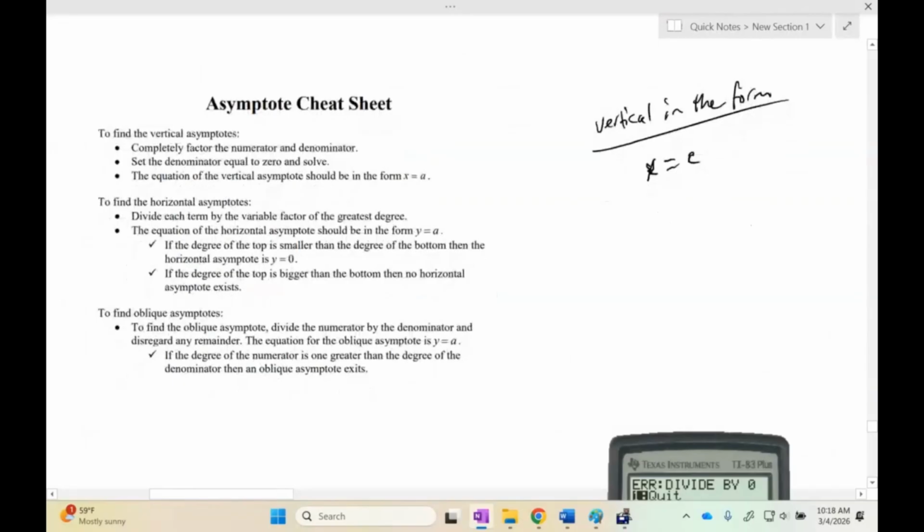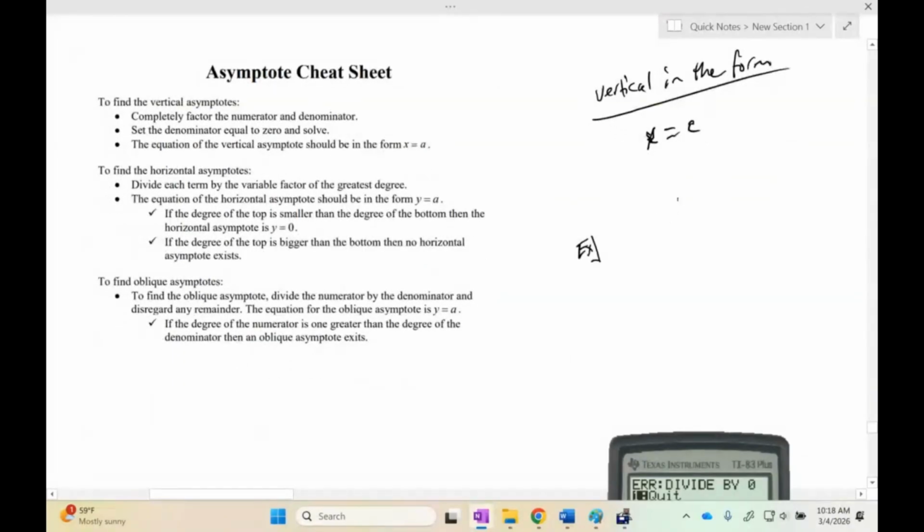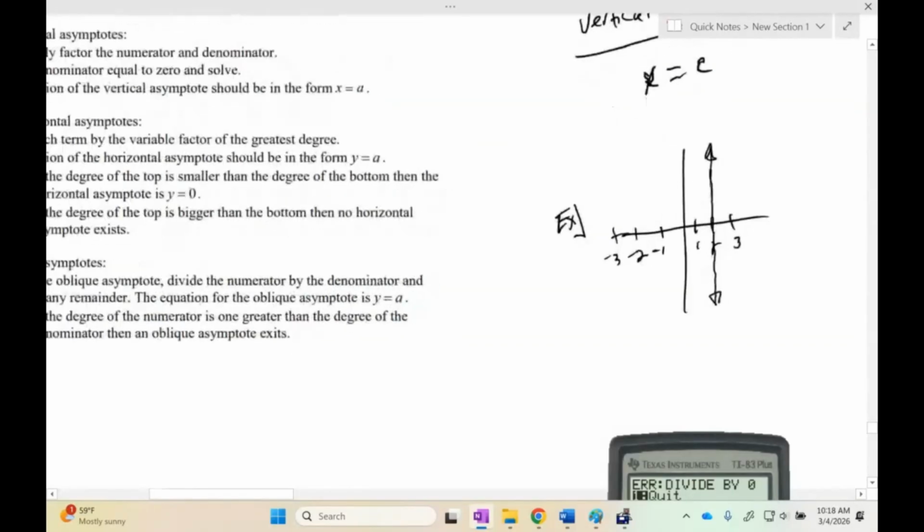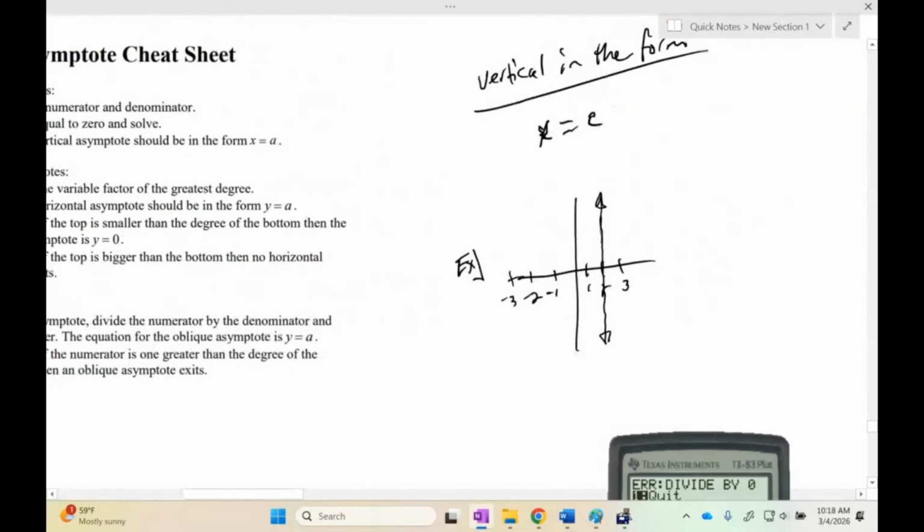So here's an example. It's a real rough sketch, 1, 2, 3, -1, -2, -3. If this were the graph, what would be the equation for that graph?